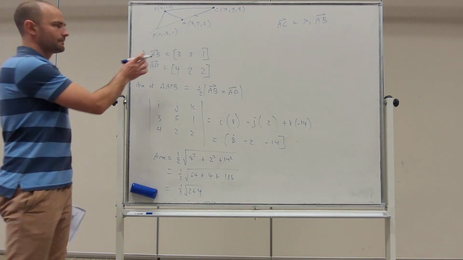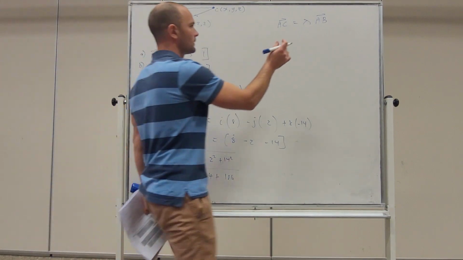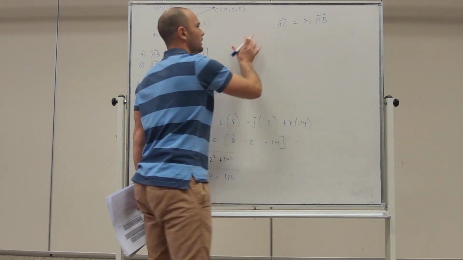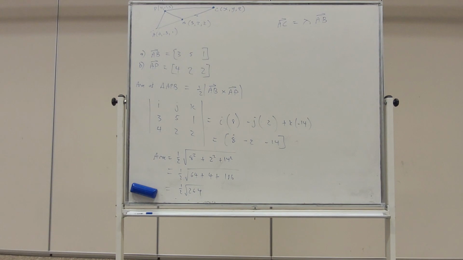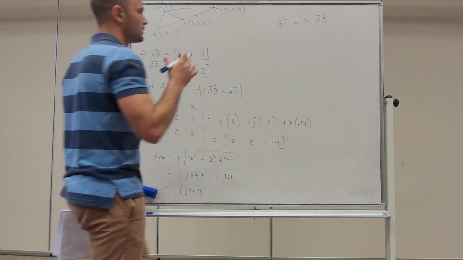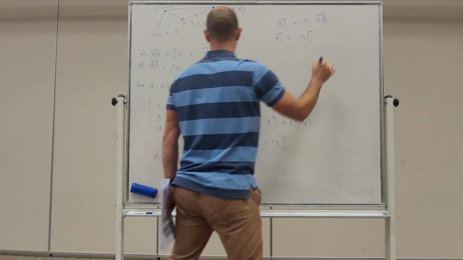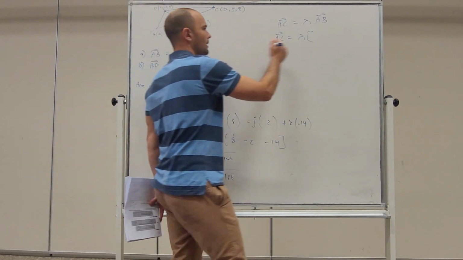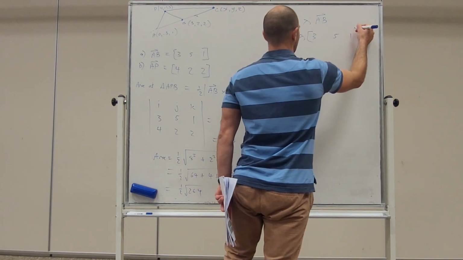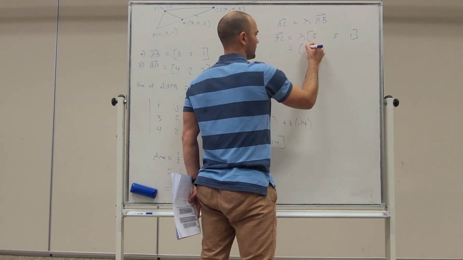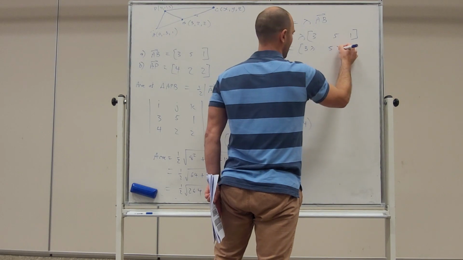Now we've already found vector AB. So vector AC is equal to lambda multiplied by vector AB, 3, 5, 1, which is 3 lambda, 5 lambda, and lambda.